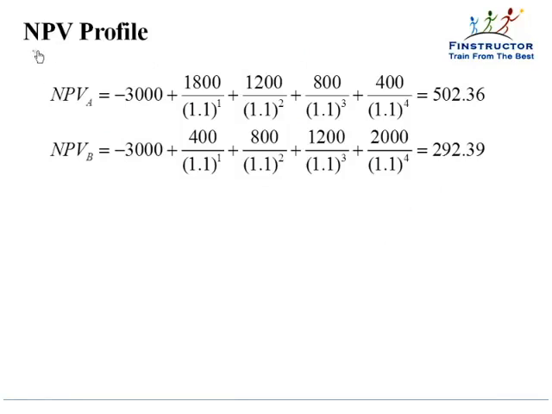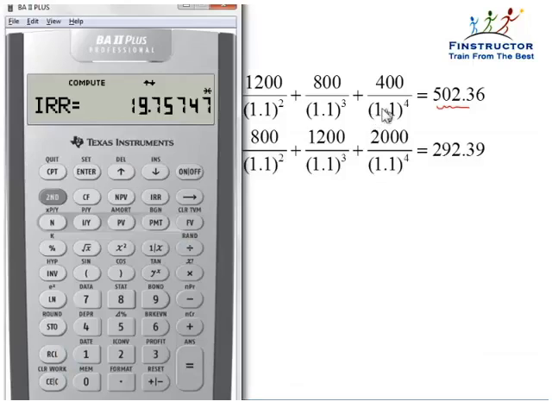We'll now try to study the NPV profile of the project at different discount rates. So at 10% discount rate, please recall the NPV came out to be 502.36. Now let's see what happens as I change the discount rate a little bit. So let's go back to the NPV sheet.